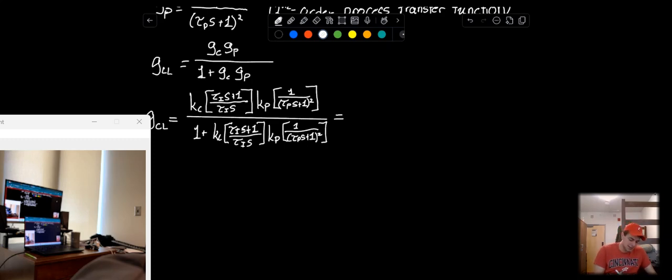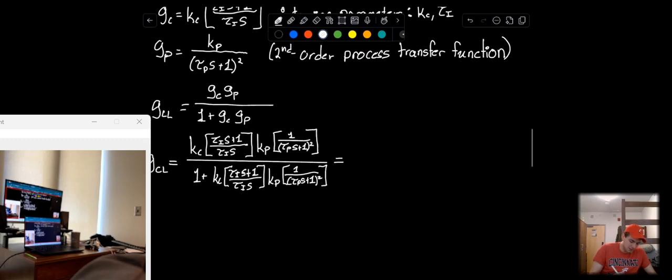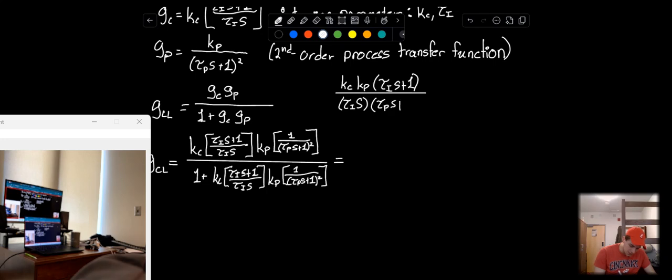First thing to do here, let's try and pull in some of these fractions into the same thing. So I'm going to go ahead and define this value here, our numerator, Kc Kp (tau_I s plus 1) over tau_I s (tau_p s plus 1) squared.